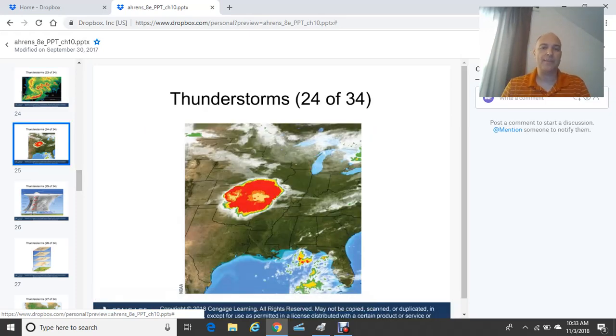And here's an example of a mesoscale convective complex. Notice the circular shape. Now this is an enhanced infrared satellite image. Okay, notice the red circular shape here. The red colors indicate the coldest cloud tops. That means these thunderstorms have grown at great heights, possibly as high as 50 to 60,000 feet in the atmosphere.